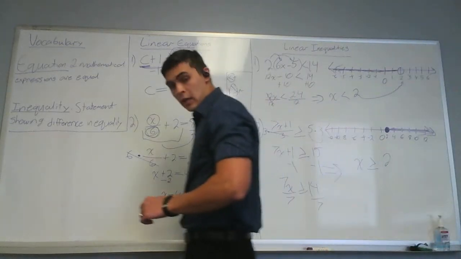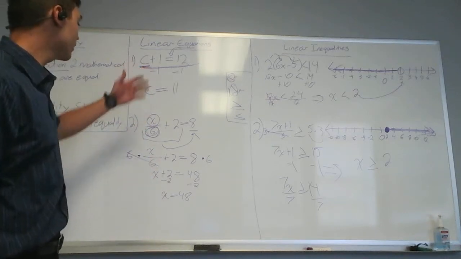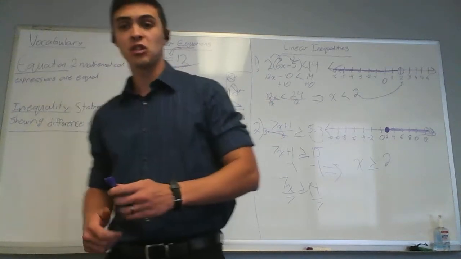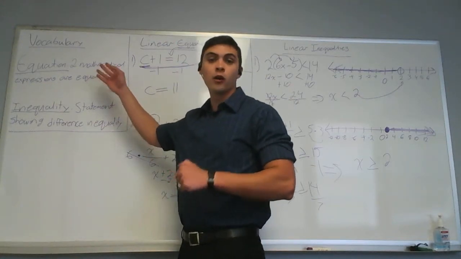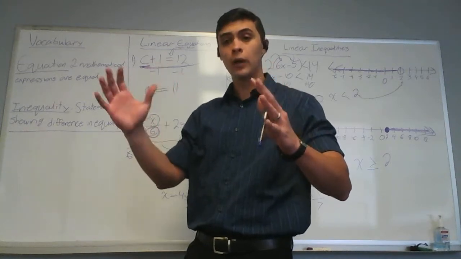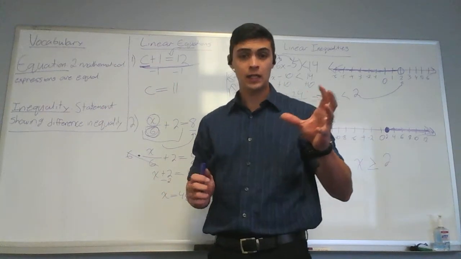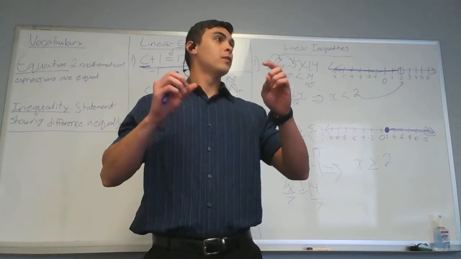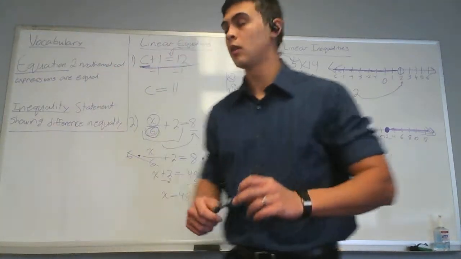So, in essence, this is how you solve linear equations and solve your linear inequalities. Some main points that you want to remember is that in equations, the left-hand side is equal to the right-hand side. In inequalities, the left-hand side is not equal to, but is represented in a different way than the right-hand side.